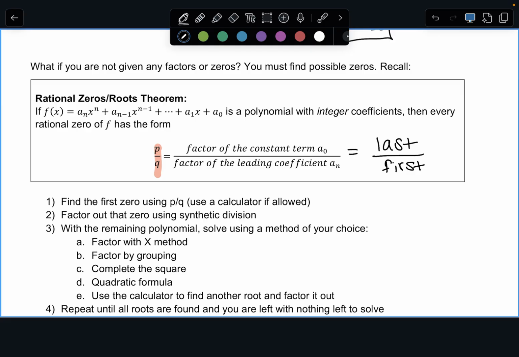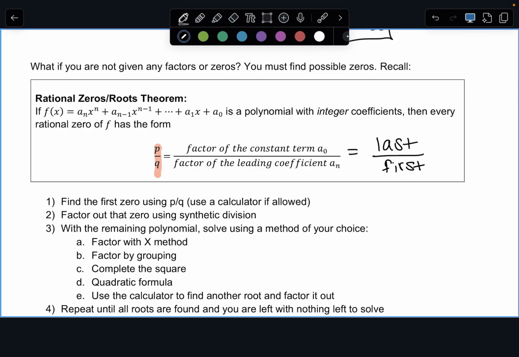We're still going to do that, but I don't need you to guess and check anymore. Few things. 1, on your test, you will not have to guess and check. I will give you something that can be factored, or I will give you a 0 to start with. However, we should know how to find zeros if we need to.